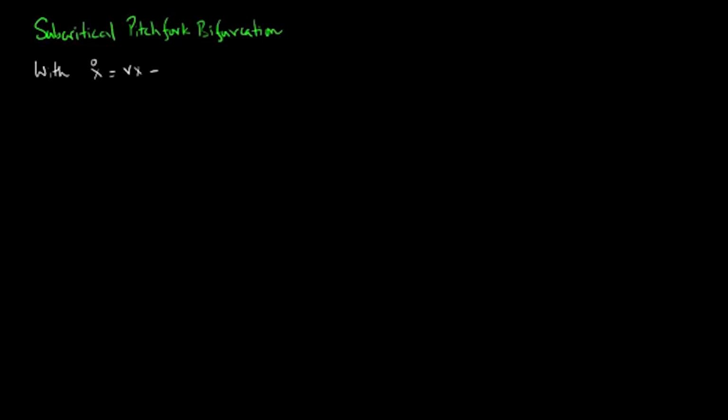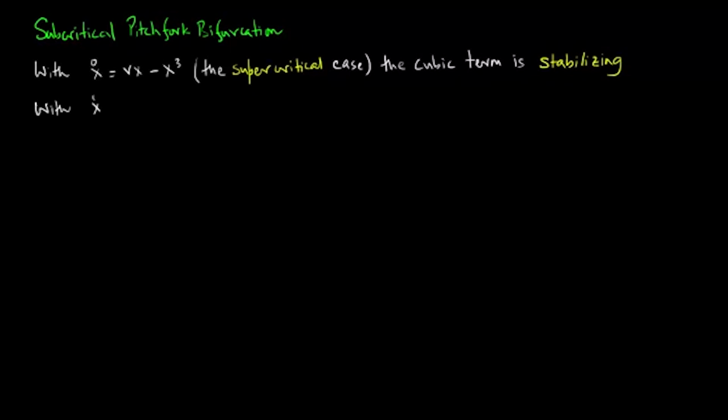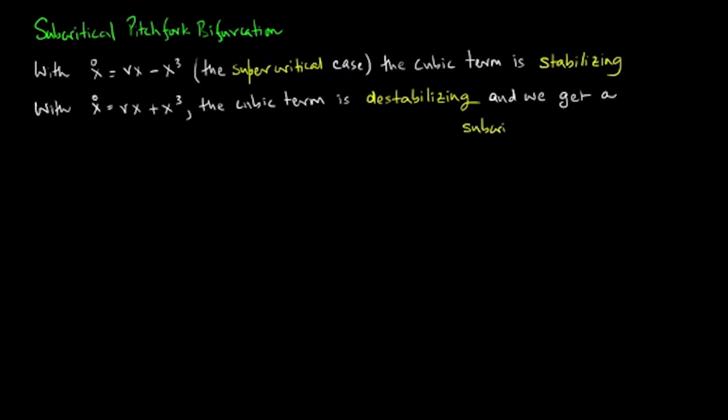With x dot is equal to rx minus x cube, the supercritical case, the cubic term is stabilizing. With x dot is equal to rx plus x cube, the cubic term is actually destabilizing, and we get a subcritical pitchfork bifurcation.